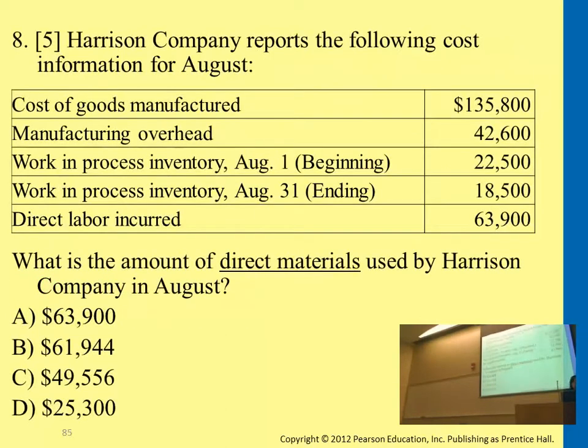Okay, number 8. This company reports cost information for August, and what is the amount of direct materials used? So how do we get direct materials?